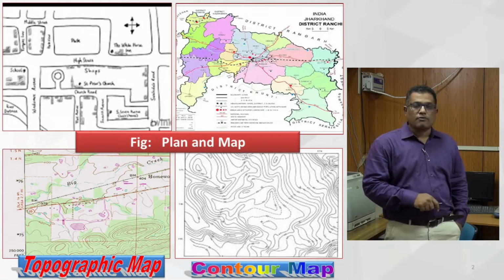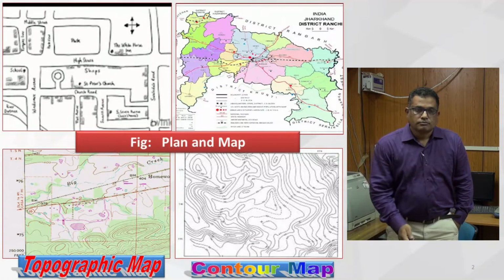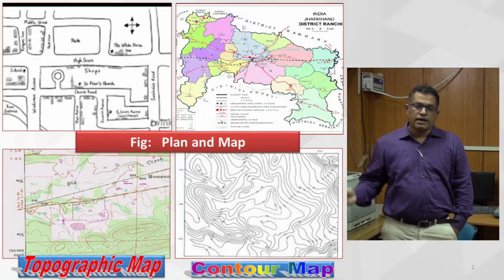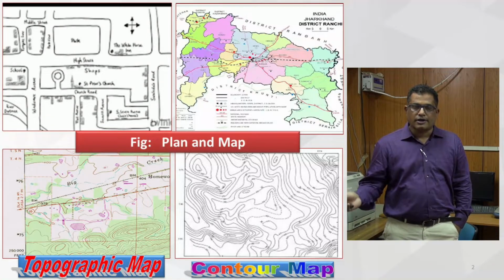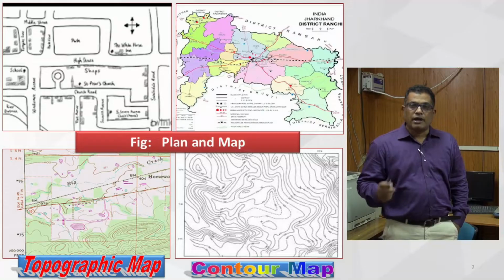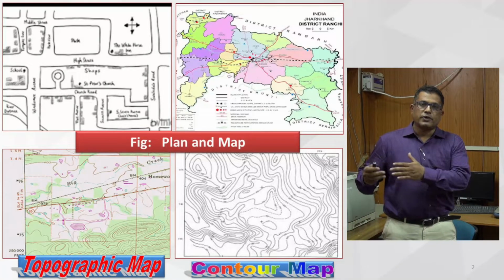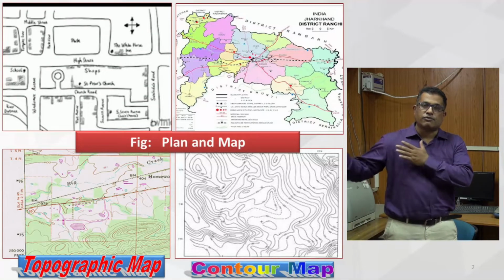These topographic maps are available in Survey of India offices, because each nook and corner of the country, rather the world, is mapped. Nobody is mapping the world anymore; they are just increasing the scale. Earlier it was 1:50,000.